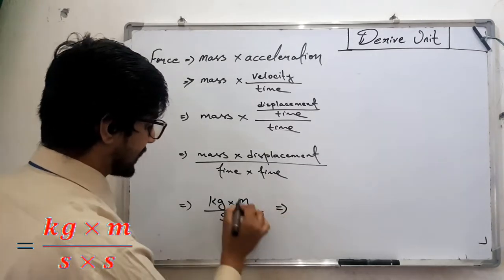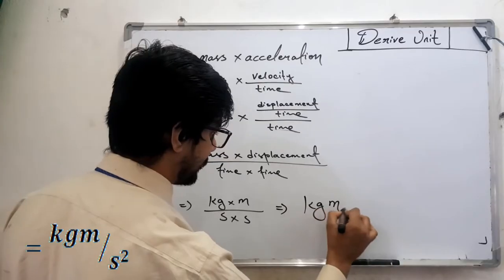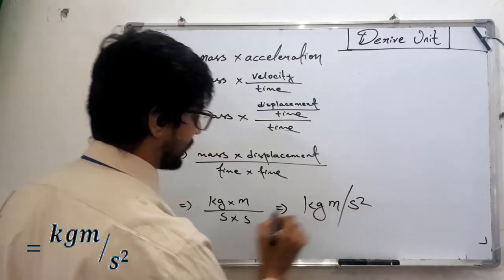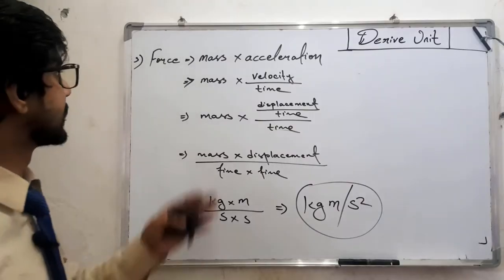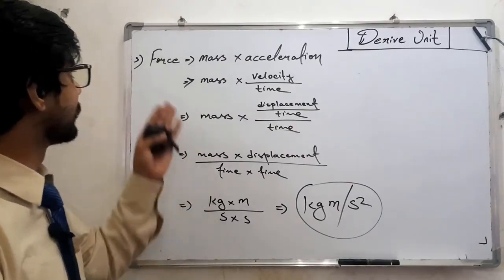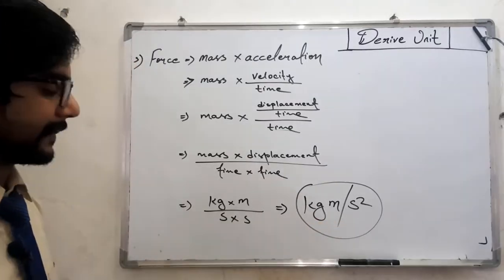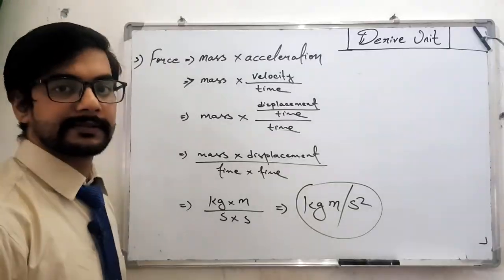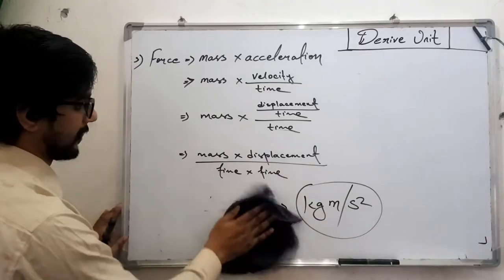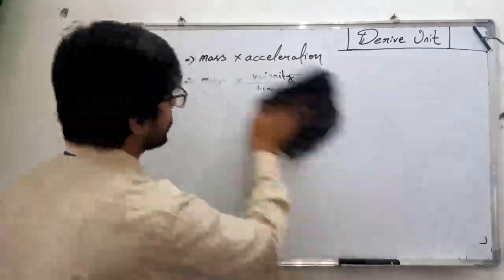When you condense this, you will get the structure like kg meter per second square. In this way we can convert the units of any derived quantity in terms of the fundamental units.